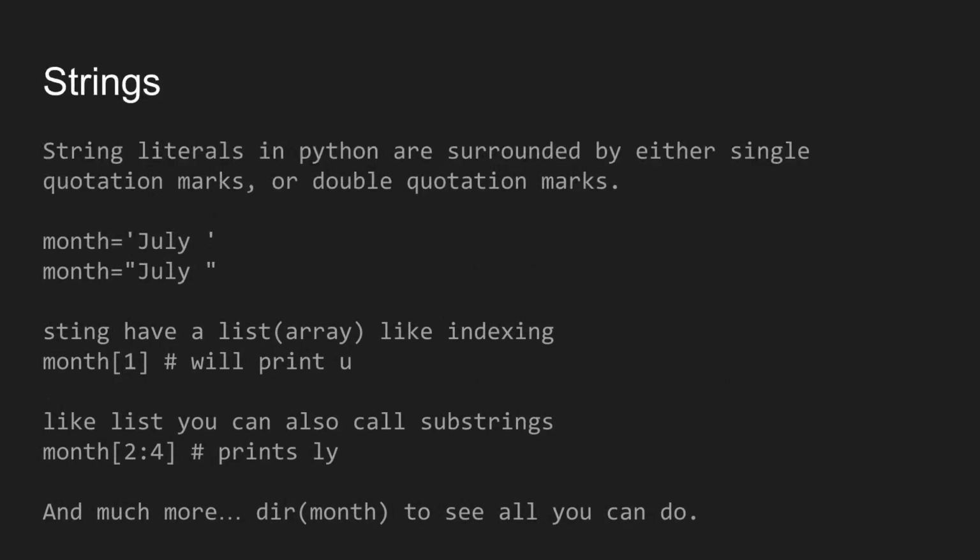All right, strings. Basically, like I said, anything in double quotes or in single quotes is a string. Strings in Python are a little unique, since in memory it thinks of a string as an array of single characters, right?